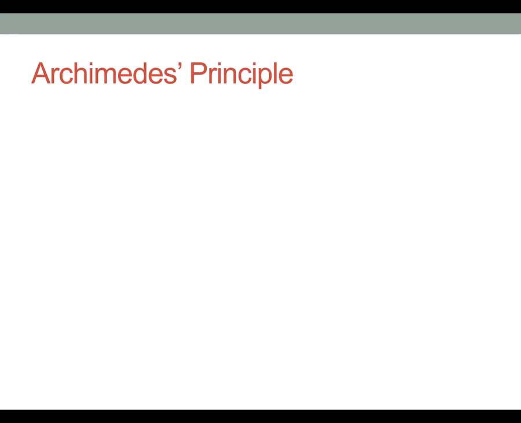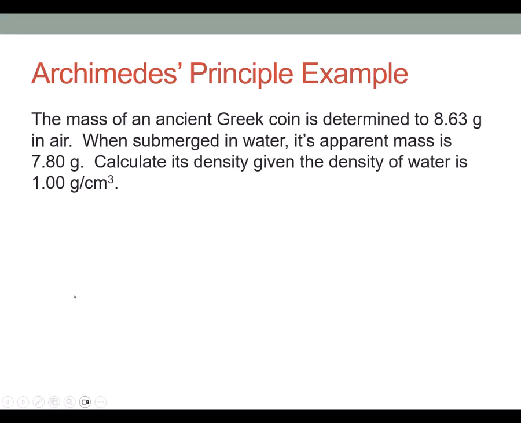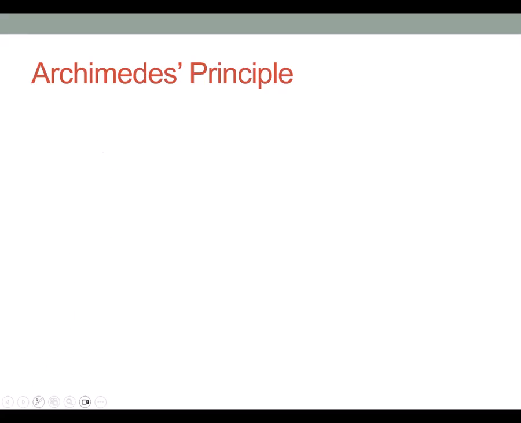So we can write that out. The buoyant force is equal to the weight of the fluid displaced by our object. The weight of the fluid is just the mass of the fluid times the acceleration due to gravity.